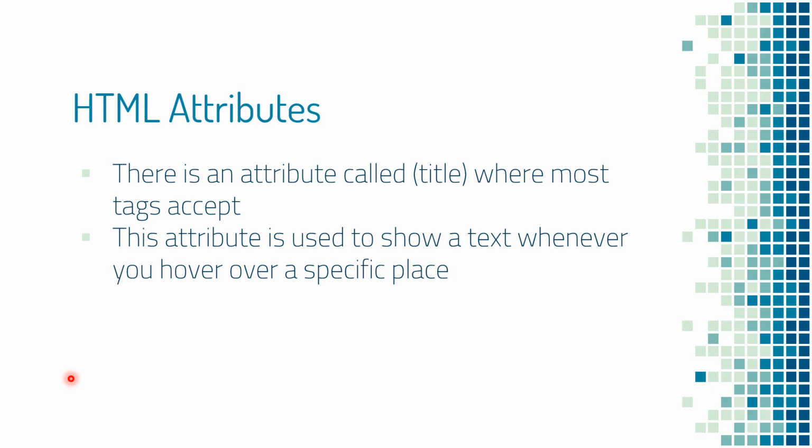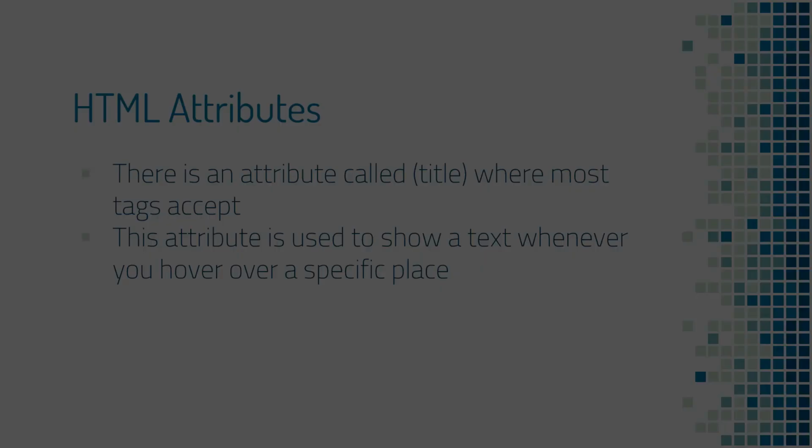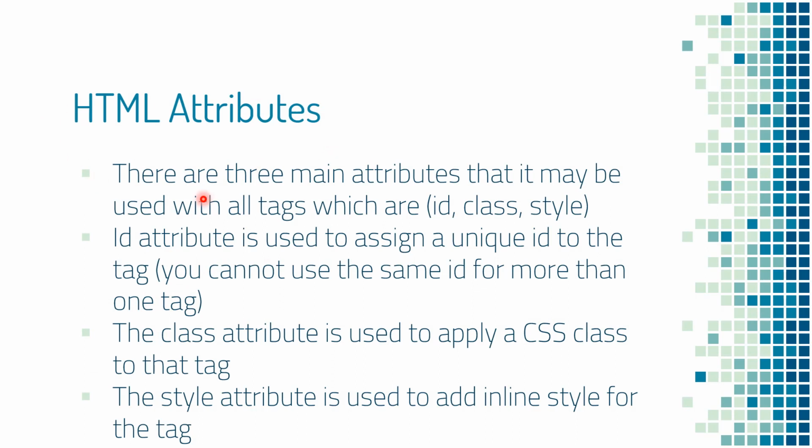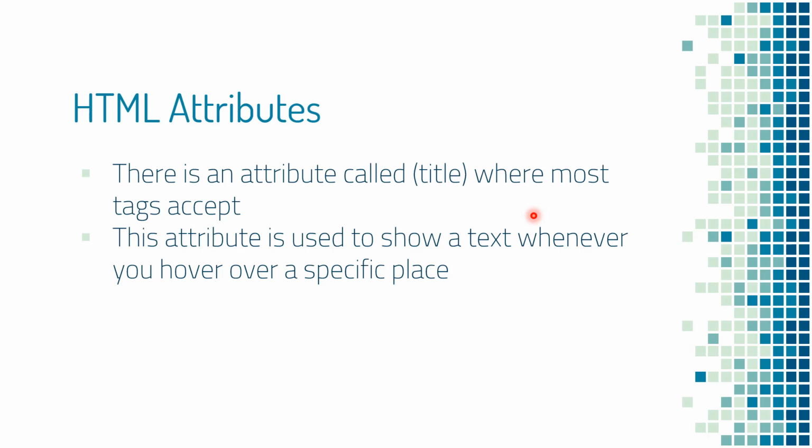In addition, there is an attribute called title, which most tags accept, but not all. As I said, people tend to call these three attributes the core attributes. Most of the tags have the title attribute, but it's not one of the core attributes that all the tags support.